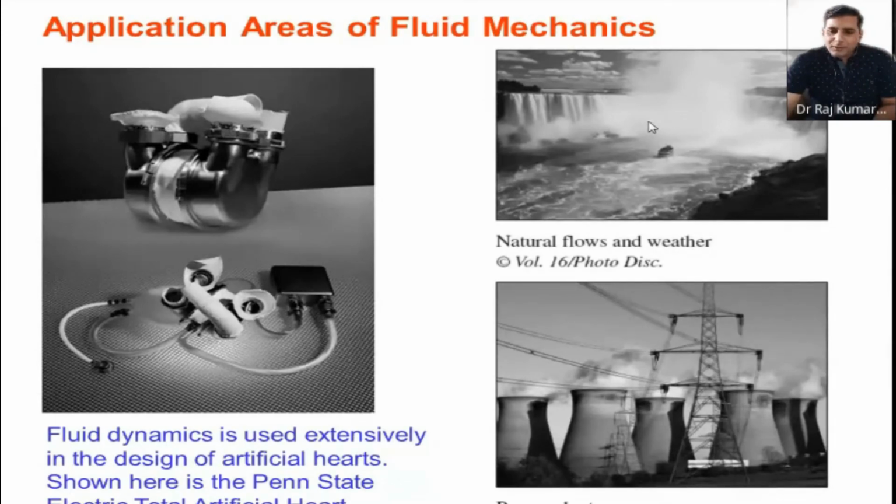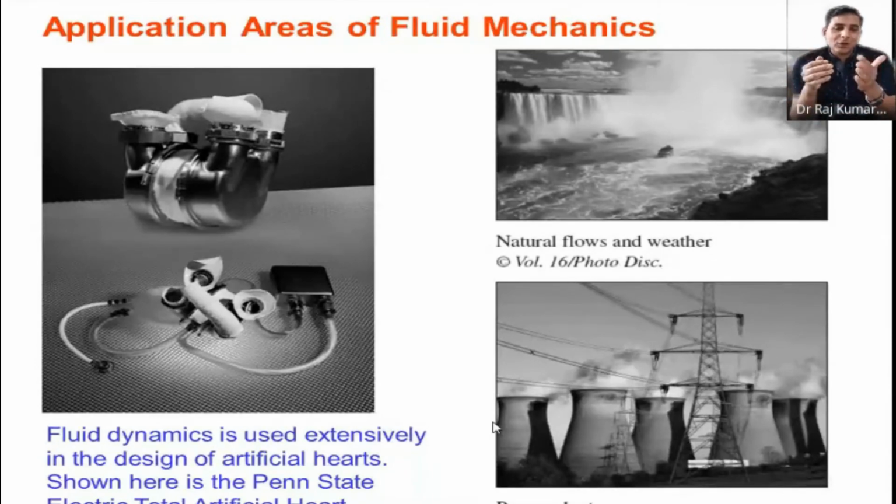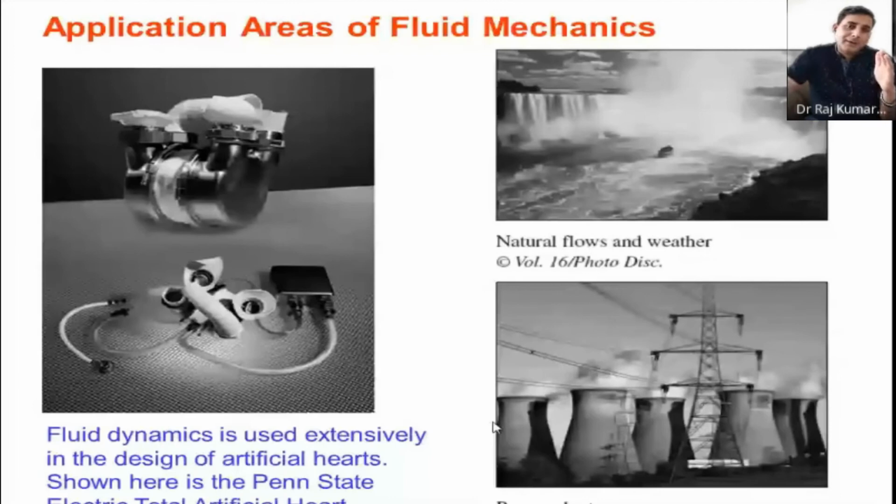from the waterfalls, and then, let's say, the designing of your power plants. You have very big thermal power plants. All the chimneys of your petroleum plants don't have a pump to throw out these gases. So somehow you have to design the column in such a way that all your gases go up to a particular height and then fall after a particular distance.